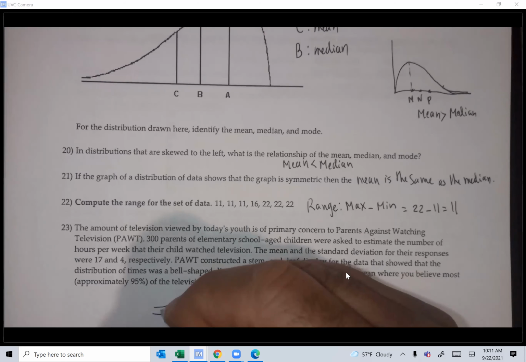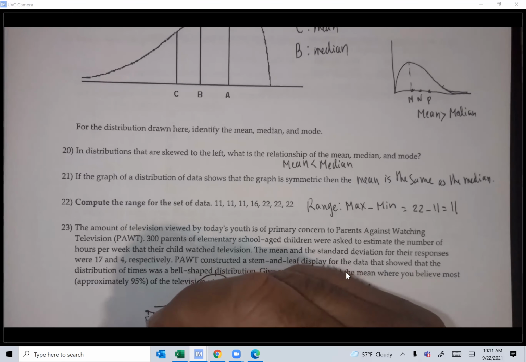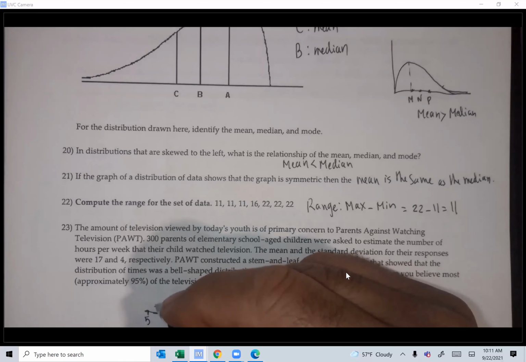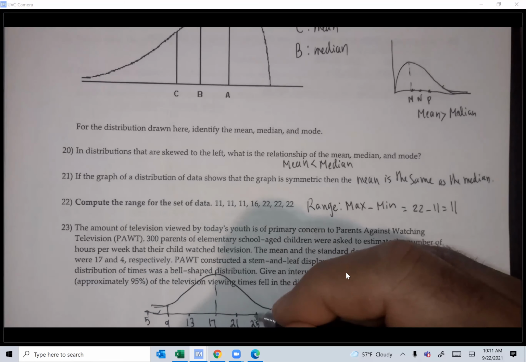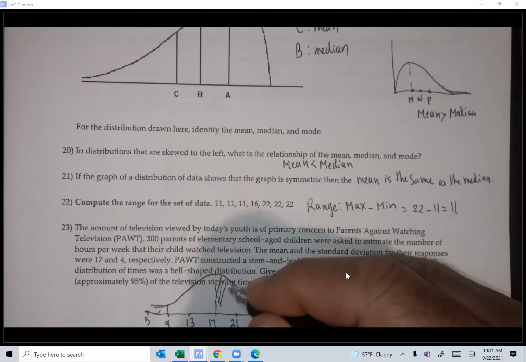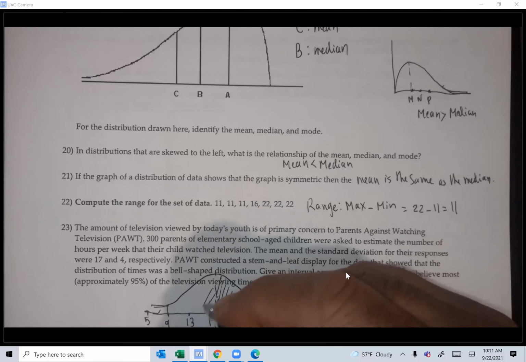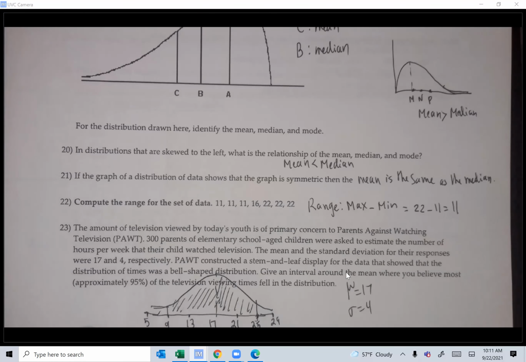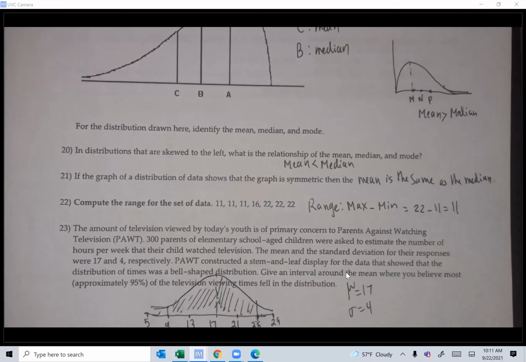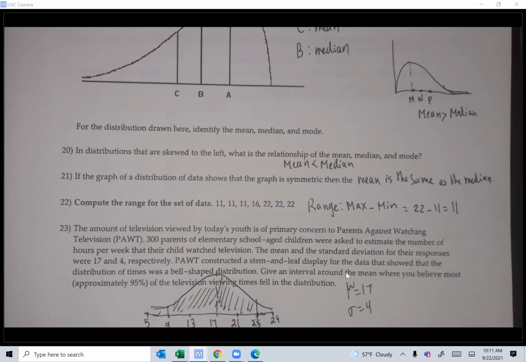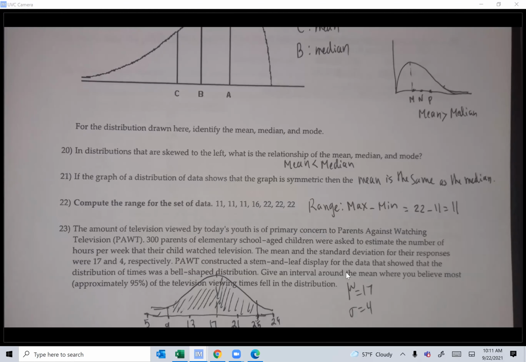Subtract 4, that will be 9. And subtract 4 will be 5. So the 95%, guys, according to the empirical rule, is within 2 standard deviations. So it's between 9 hours and 25 hours. That's the answer. That could be a multiple choice question and just select the correct answer. So from 9 to 25.